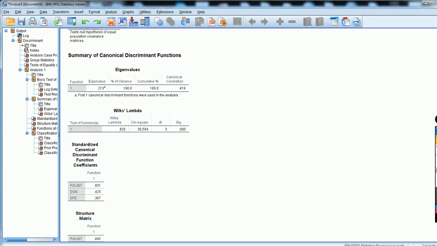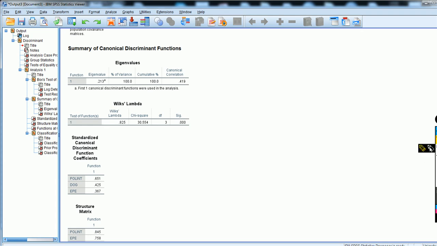Moving on, you'll see that we have the summary of canonical discriminant functions. A discriminant function represents a mathematical combination, or a linear function, in which the information from the predictor variables is combined. That discriminant function is essentially serving as a latent variable that the groups are then separated on.